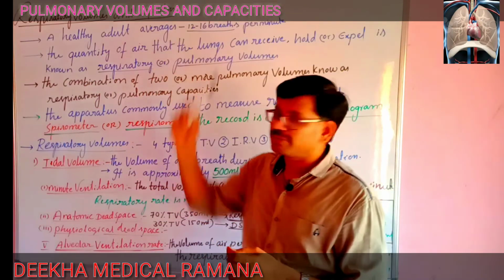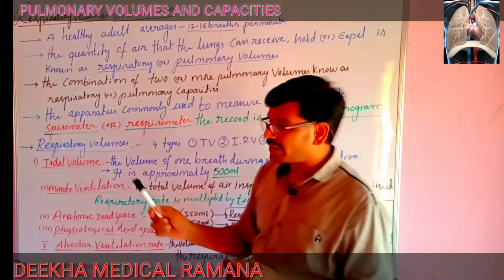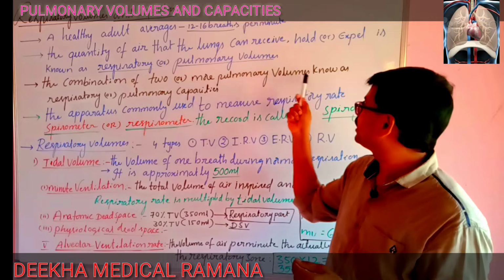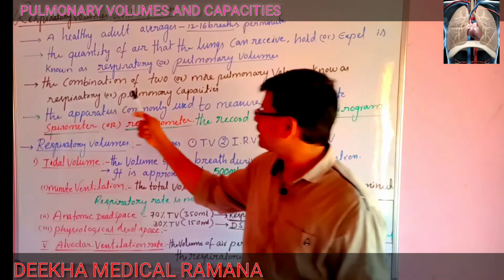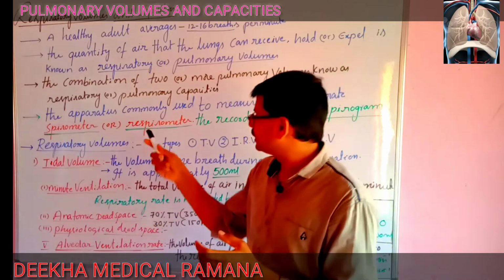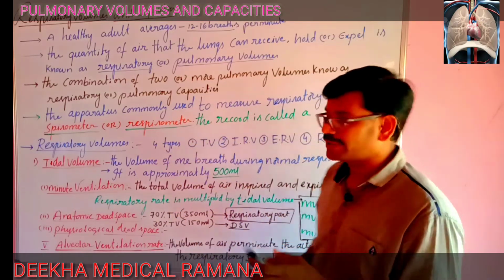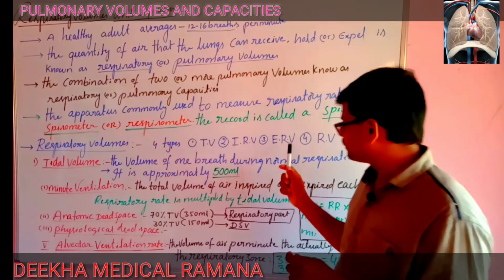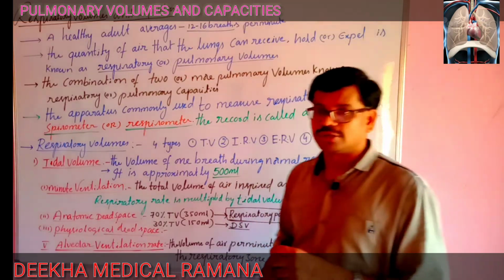Coming to respiratory capacities: a respiratory capacity is a combination of two or more pulmonary volumes. For example, there are four types of respiratory volumes: tidal volume, inspiratory reserve volume, expiratory reserve volume, and residual volume.